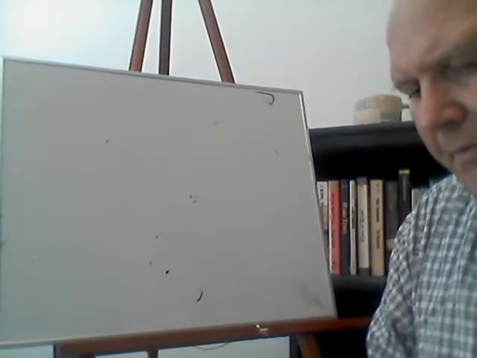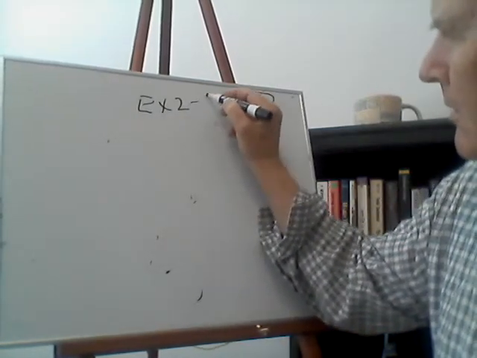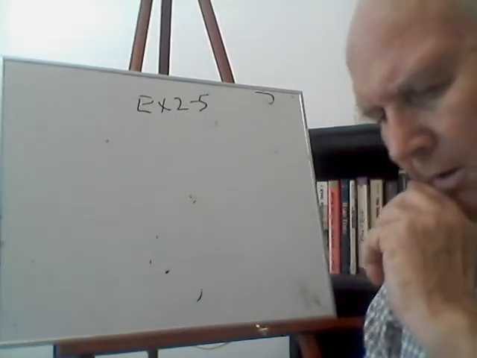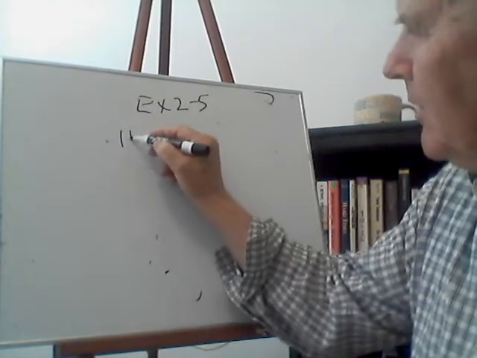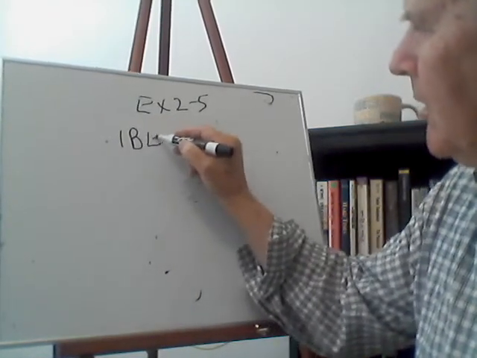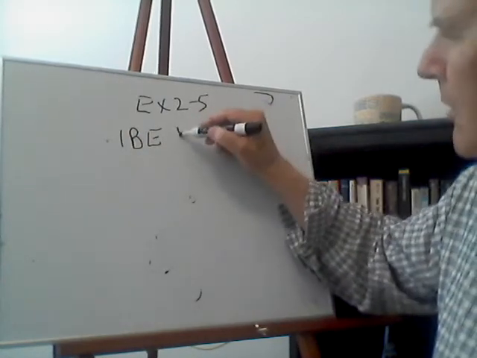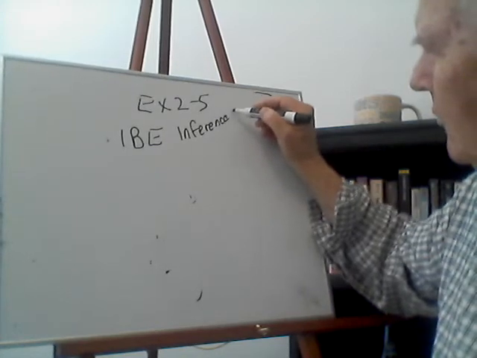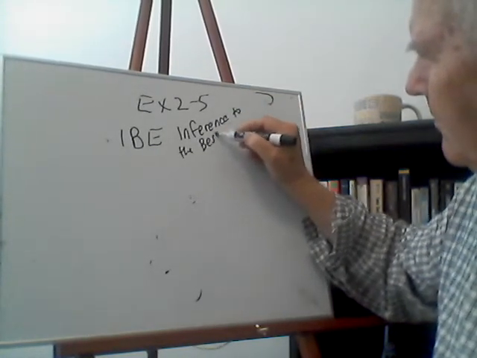Exercise 2-5 on page 51 has to do with identifying 2 types of arguments. The book calls an argument IBE. That's inference to the best explanation.